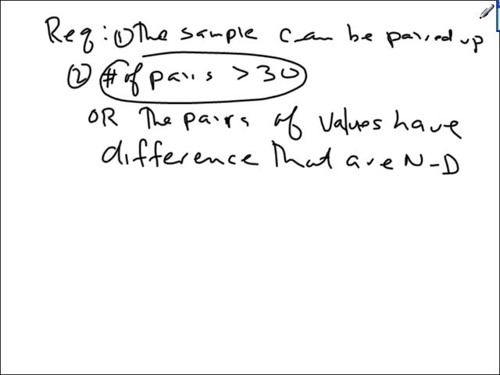Actually, in this case, they can be approximately normally distributed, but don't worry about that. You could assume that normally distributed is enough. It will satisfy requirement number 2.